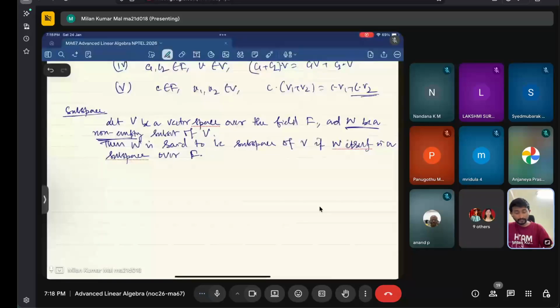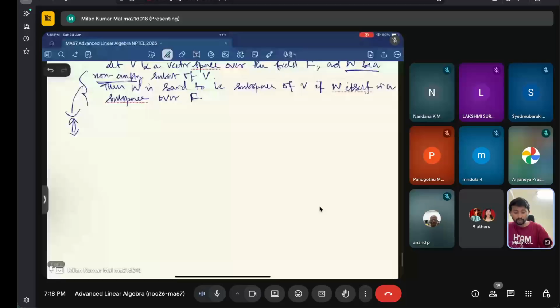There is an interesting fact, not a fact, that is a theorem basically. This is also discussed in class.